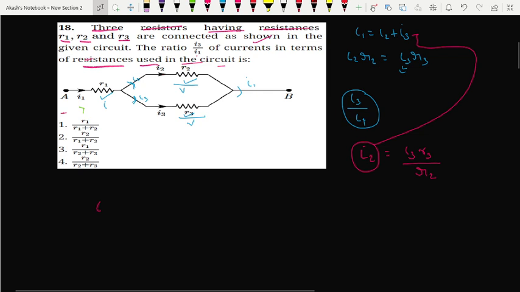Note that I1 is equal to I2 plus I3. So we find I1 equals I3 R3 upon R2 plus I3.